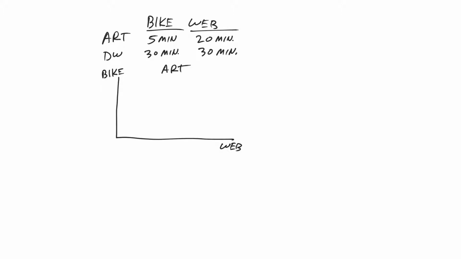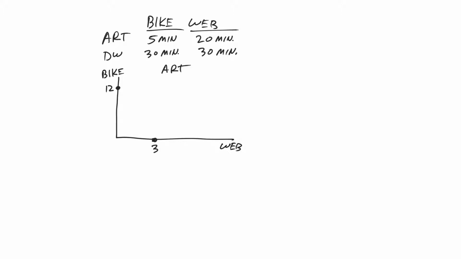Well, there are 12 5-minute periods in an hour, right? 60 divided by 5. So there's the point on the production possibilities curve if he does nothing but bike repairs. How many web page updates can he do? Well, he can do one in 20 minutes, so that would be 3 per hour.